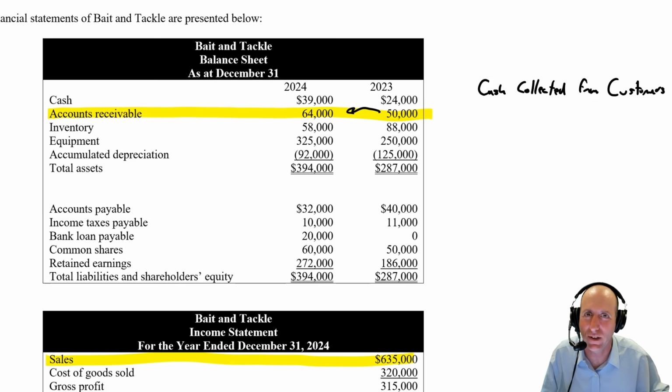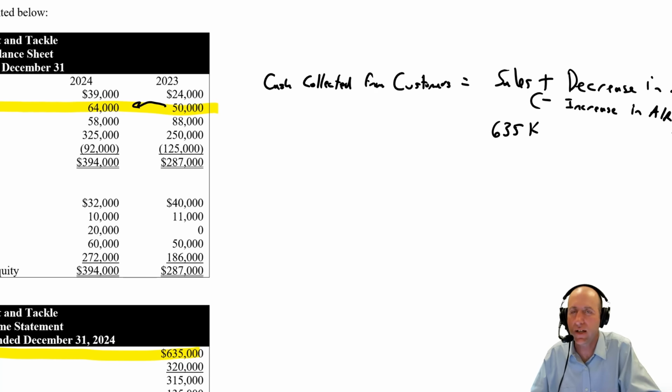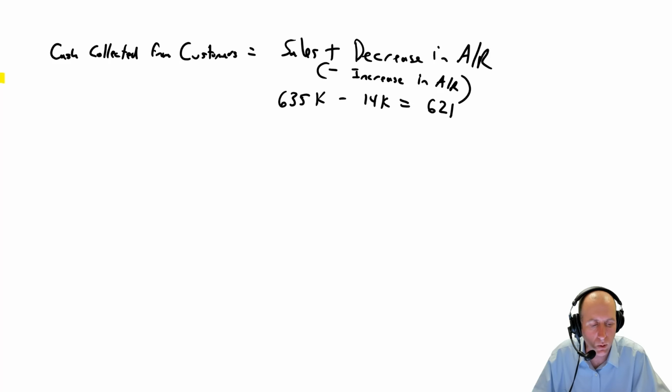You want accounts receivable to go down. It means you're collecting more of your money. It went up by $14,000, 50 to 64, it's $14,000. So I'm going to subtract $14,000. 635 minus 14 is 621,000. That's my cash collected from customers.